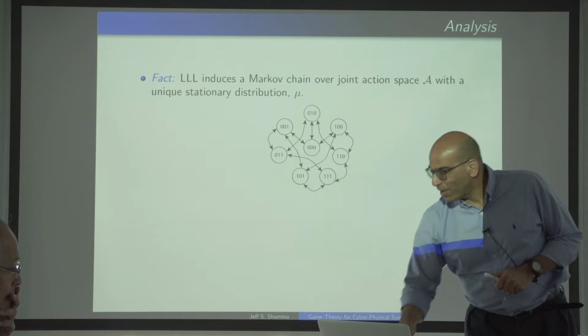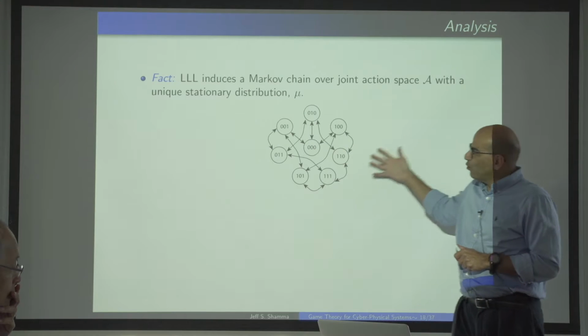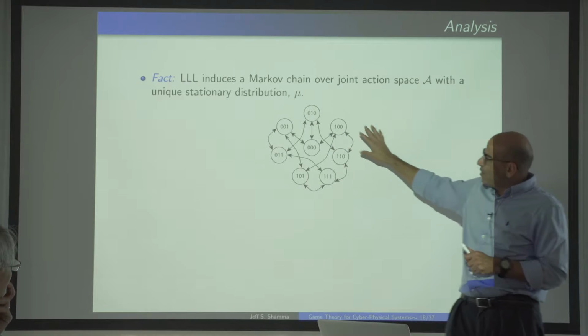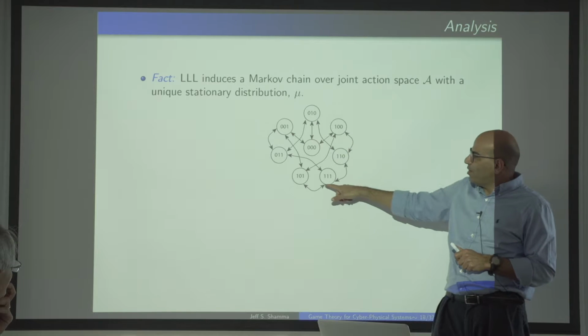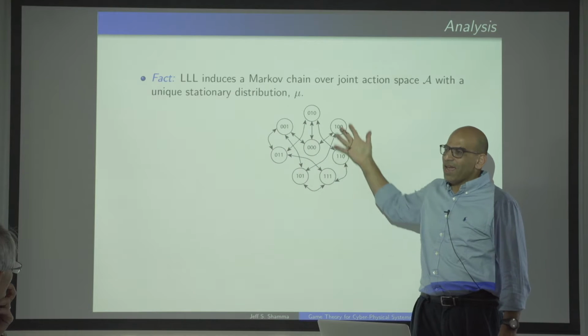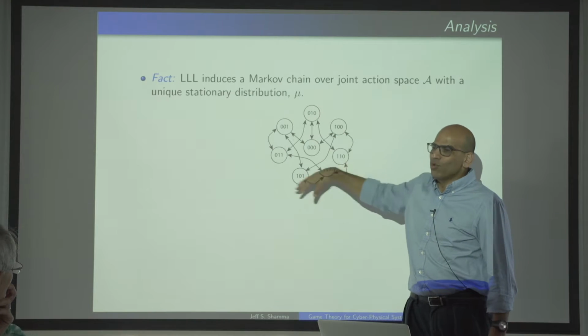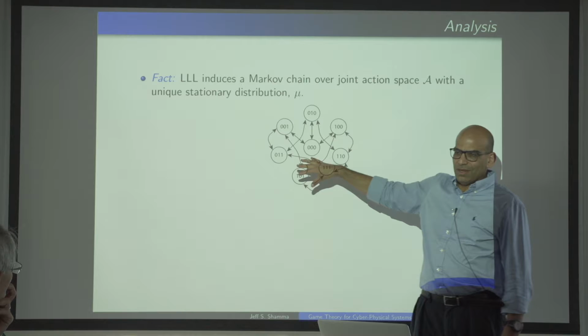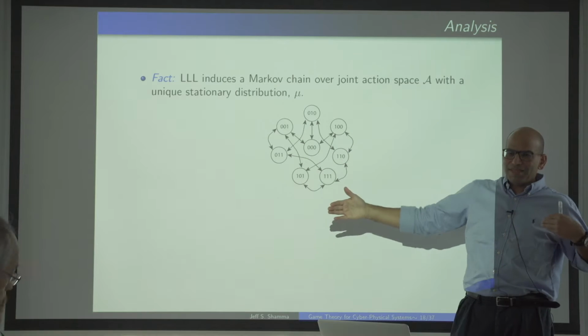So it turns out that one can do an analysis for log linear learning. For example, we saw this graph yesterday. This is 3 agents, each with 2 moves. What's going to happen is that the agents are just going to be moving all over the place. It's a Markov chain. It will have a steady state behavior.